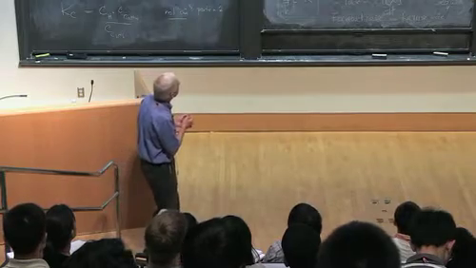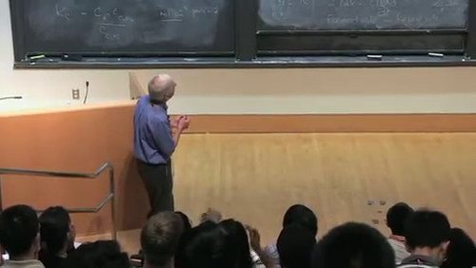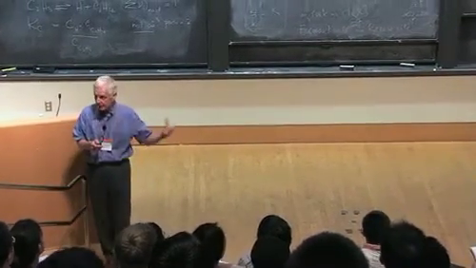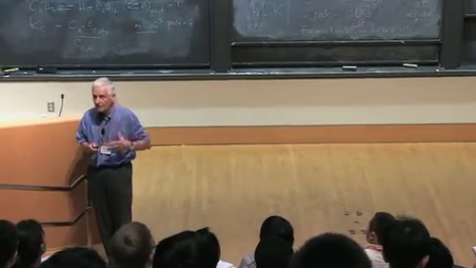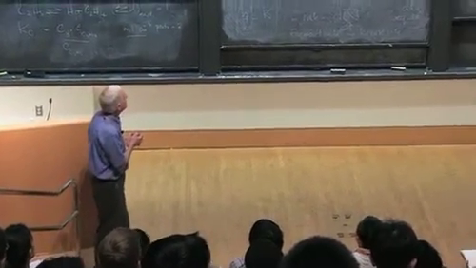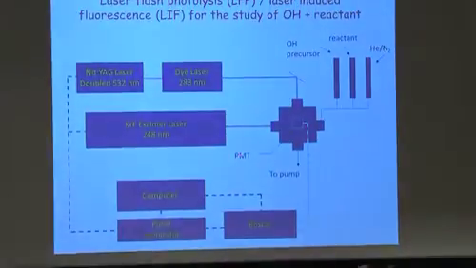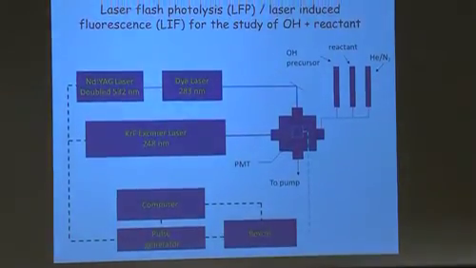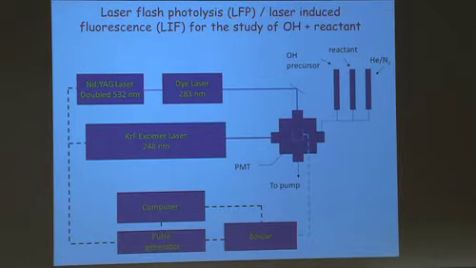So OH absorbs that photon and then fluoresces. So it emits a photon. The OH emits a photon of light, and we detect that photon on a photomultiplier. Or we detect a whole set of photons from different OHs on that photomultiplier.